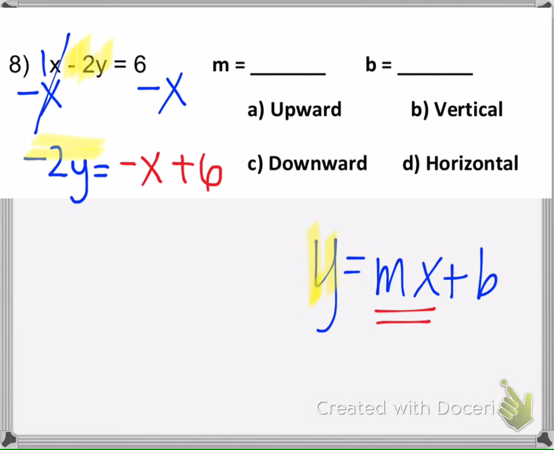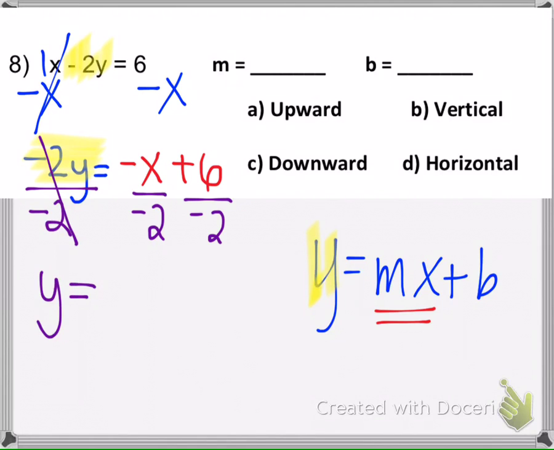And then the very last step to get rid of the number in front of y, the coefficient, we divide everything by -2. So we would have y equals, and then remember in front of every variable there's a number, so there's a -1 there. So we have a -1 over a -2. So a negative divided by a negative is a positive.